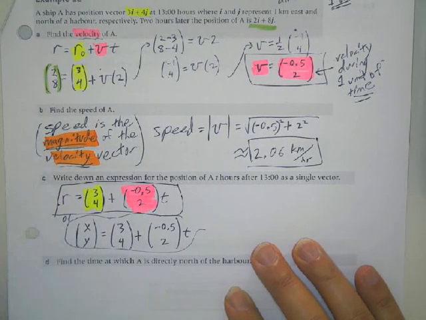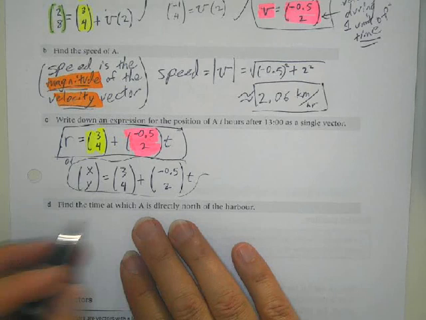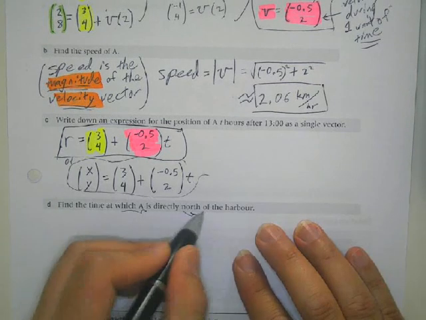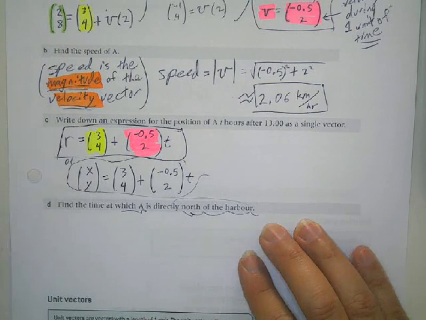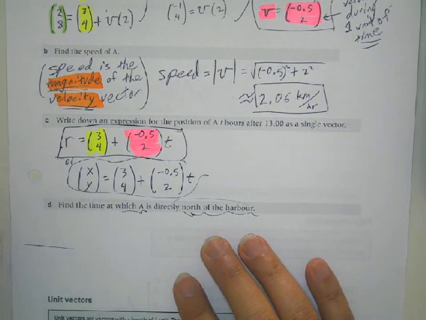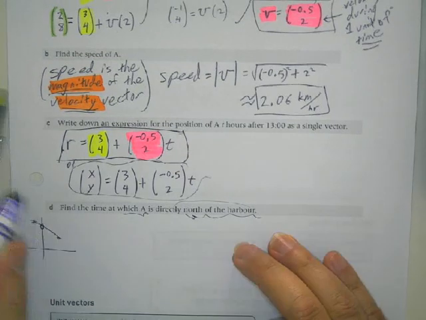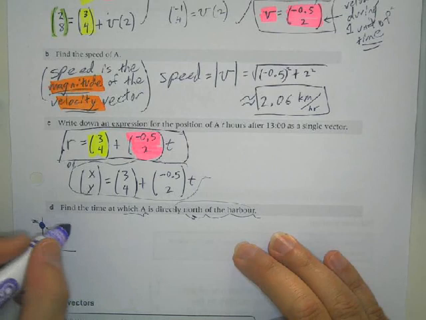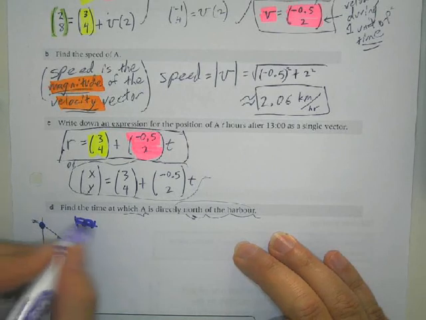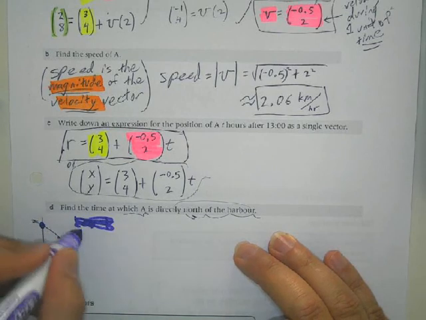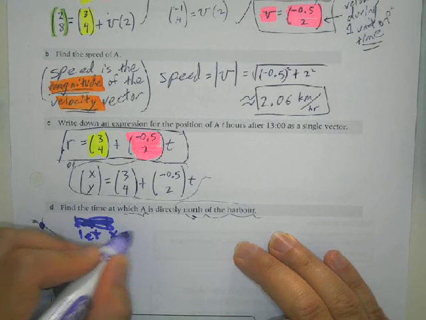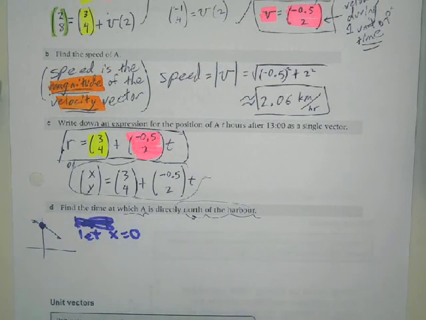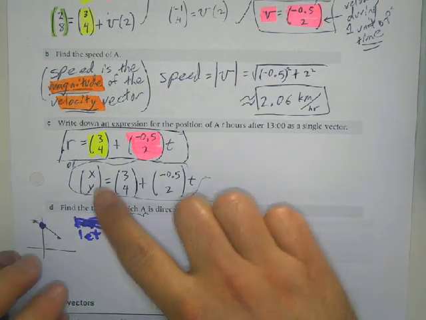Okay. Find the time at which A is directly north of the harbor. So if it's north of the harbor here, we have to let x equal 0 to be at that point, right? So now I'm going to take my top row here.